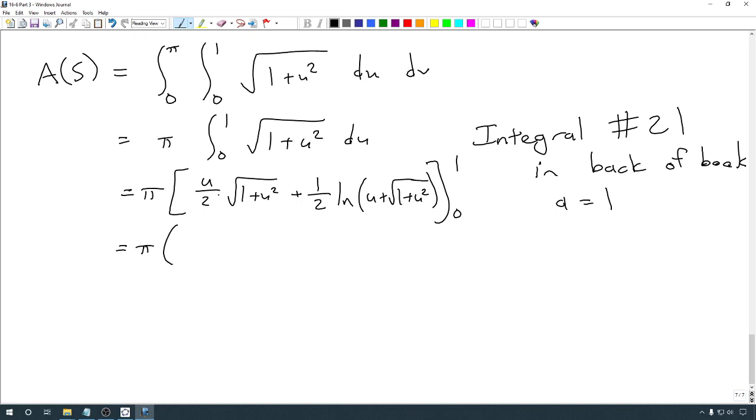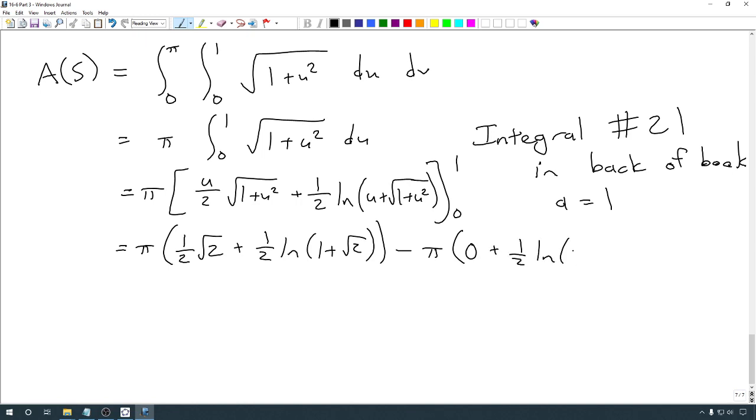When you plug in 1, this turns into 1/2 times the square root of 2 plus 1/2 times ln of 1 plus the square root of 2, minus, well, we're plugging 0 in there, so we get a 0, plus 1/2 ln of 0 plus the square root of, not square root of 0, it's the square root of 1.